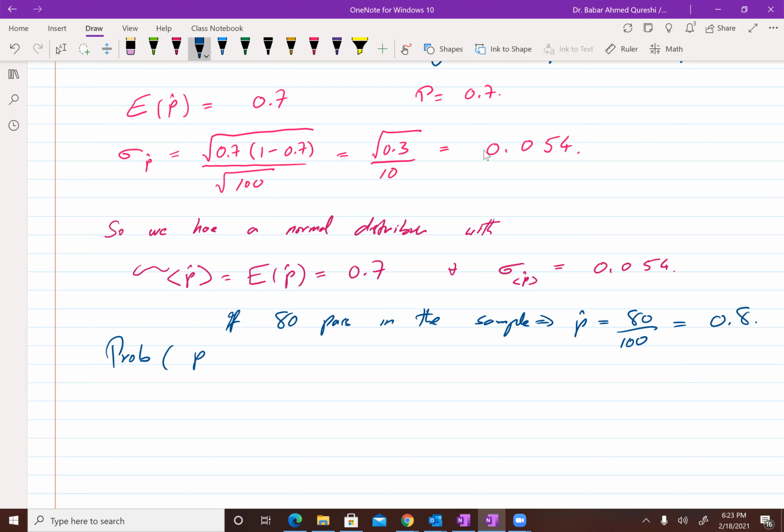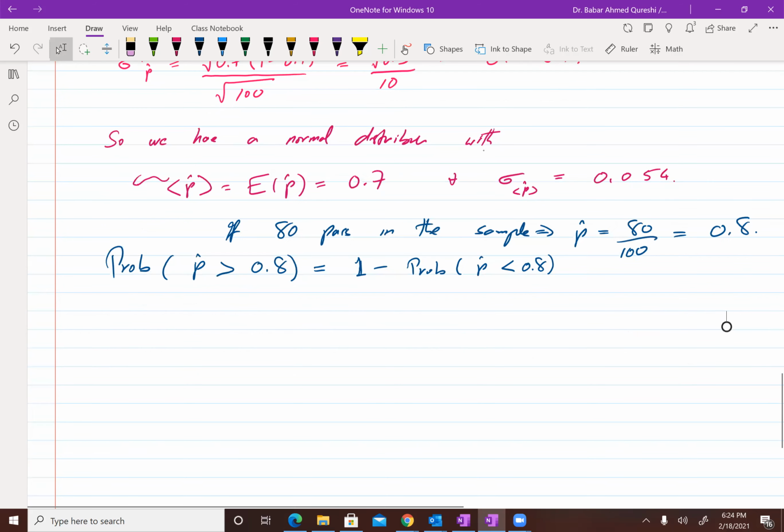So you want the probability that this variable, which is proportion, is bigger than 0.8, which is the same as 1 minus the probability that p hat is less than 0.8.